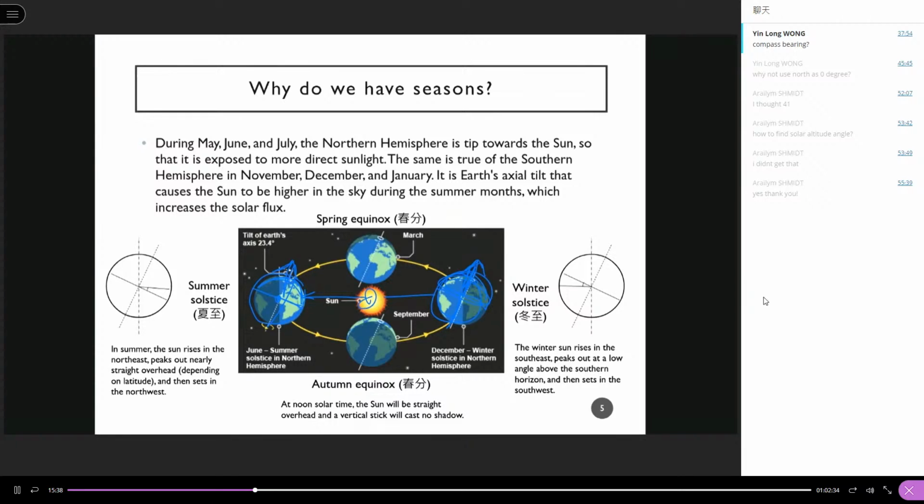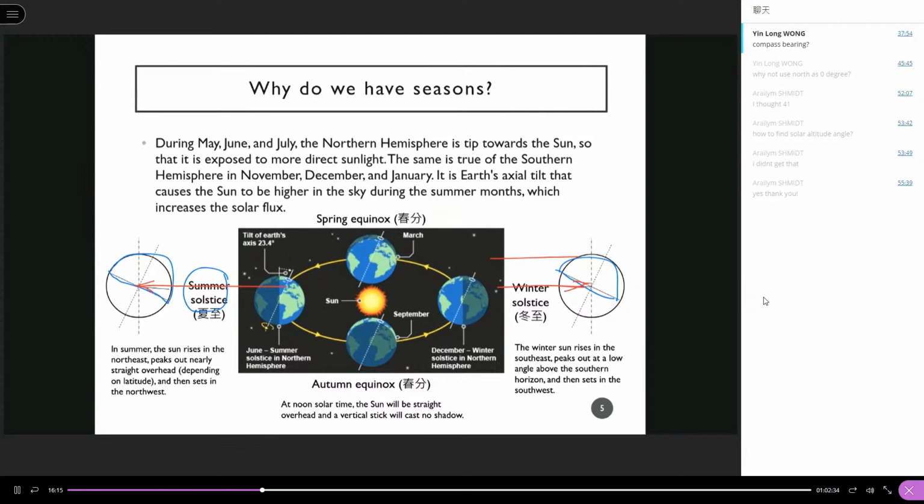So let's take a look at this section. We are in the northern hemisphere, and when it is June, the sunlight will be hitting the northern hemisphere at this angle, comparing to winter. In December, for the northern hemisphere, the sunlight will be coming at this angle.